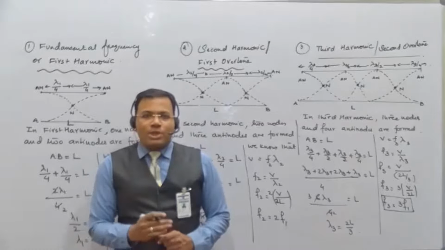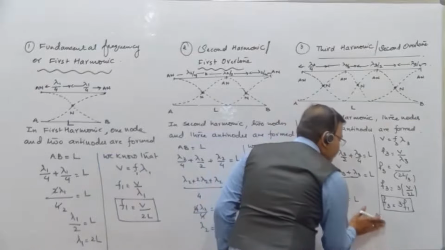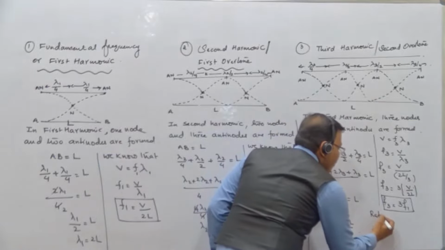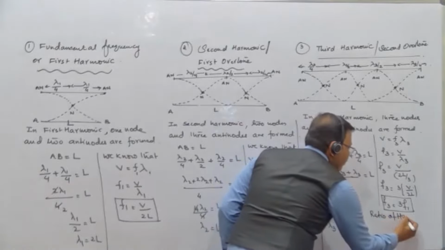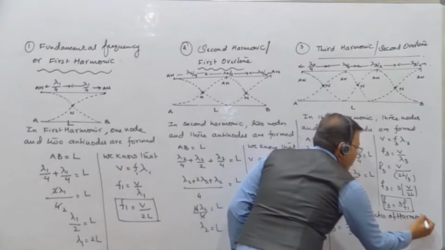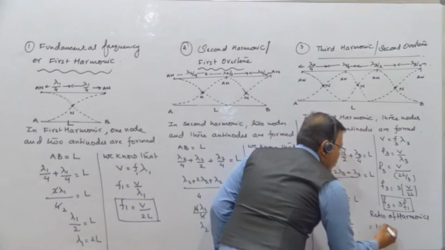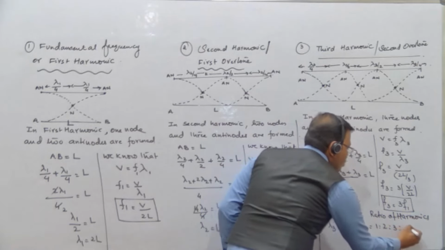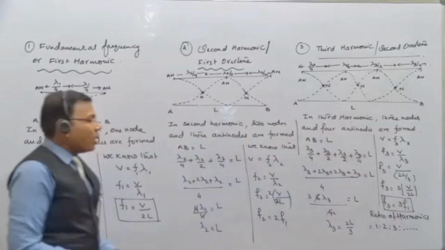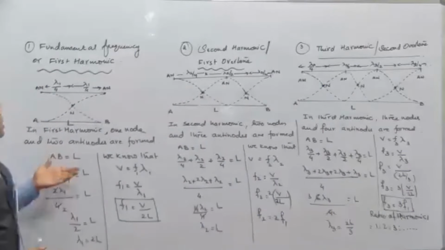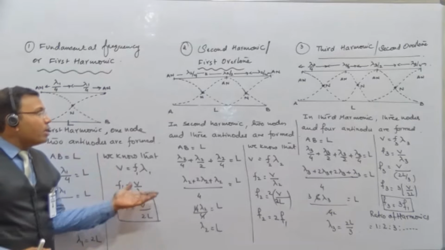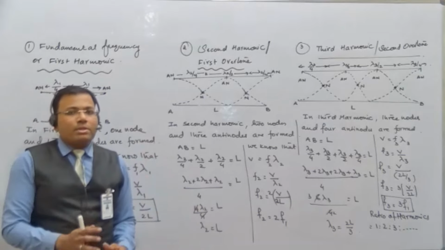This is the last point, which is very important, that I am writing here. Ratio of harmonics. So here it is 1:2:3, and so on. I hope you have understood the fundamental frequency, that is the first harmonic, the second harmonic, and lastly the third harmonic.